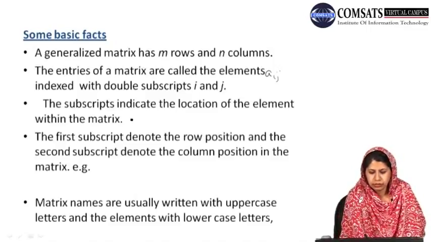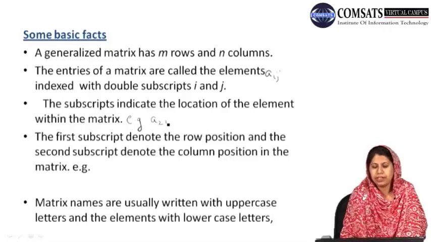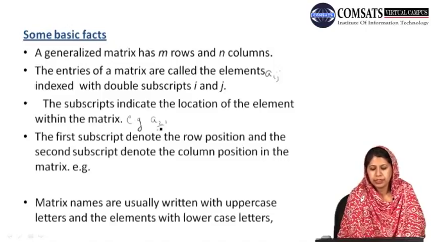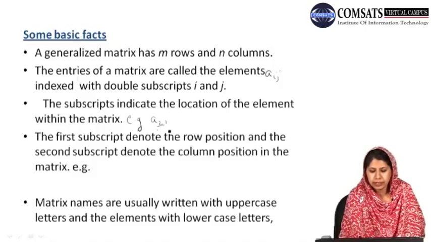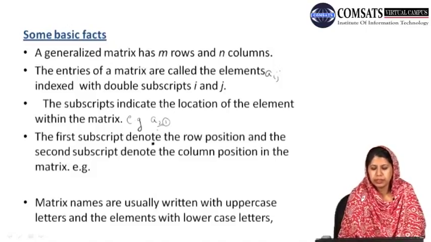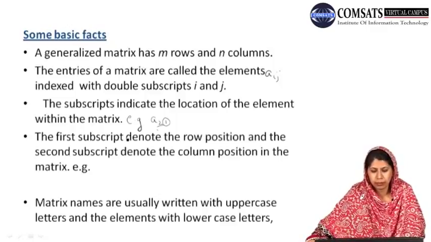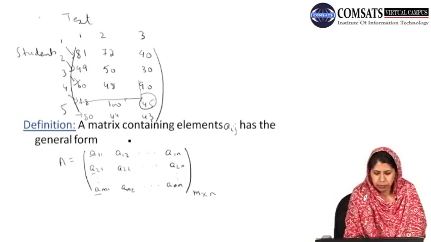For example, A21. If i is equal to 2 and j is equal to 1, then the element will be A21, and the first subscript, that is 2, represents the row position, that this element lies in the second row, and the second subscript, that is 1, represents the column position. That is, this A21 element lies in the second row and first column.